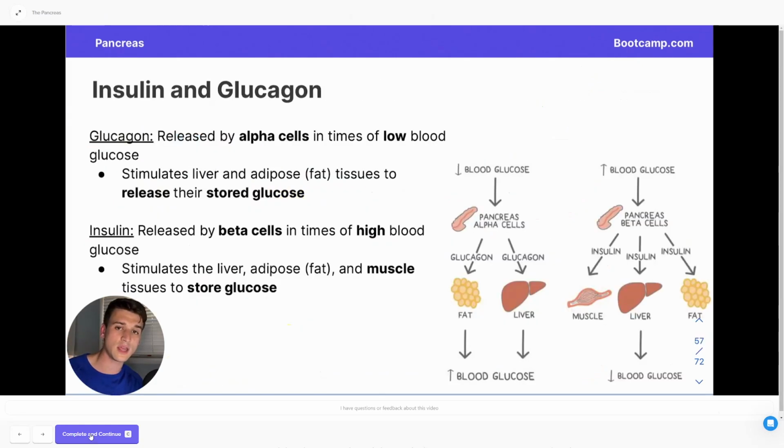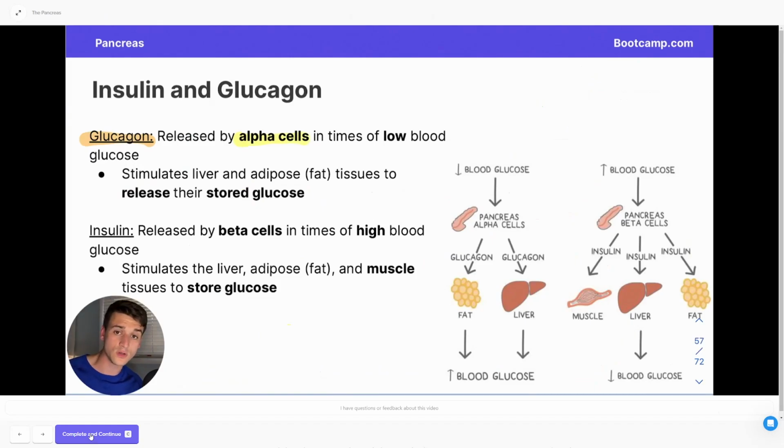All right, so let's go ahead and discuss a pair of those peptide hormones released by the endocrine tissues, glucagon and insulin, and they sort of have dueling purposes as they're both trying to solve glucose-related issues, but they're both solving opposite issues with opposite effects. So we'll go ahead and start with glucagon, which we know at this point is released by the alpha cells. Glucagon is going to show up when we have low blood glucose.